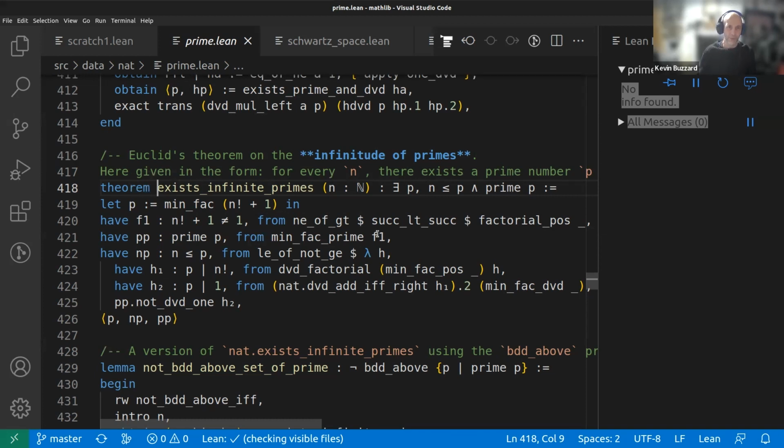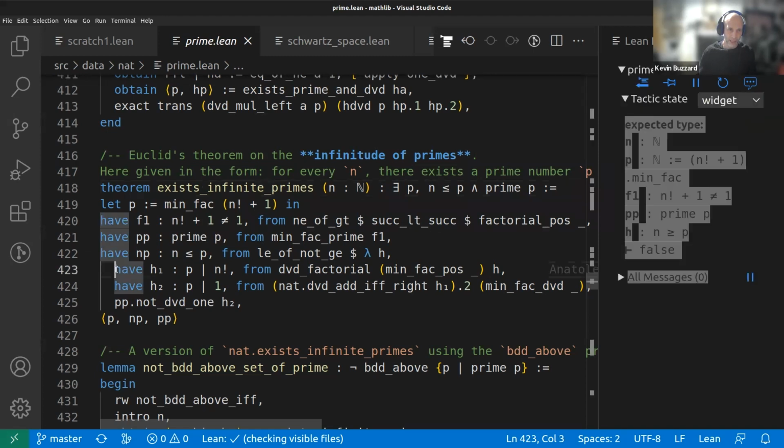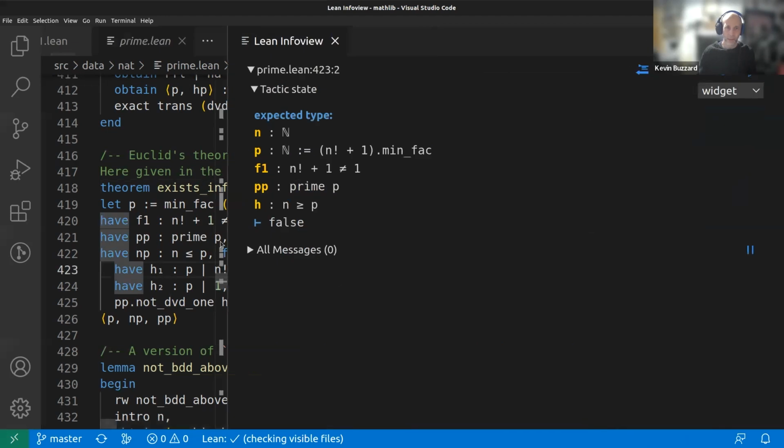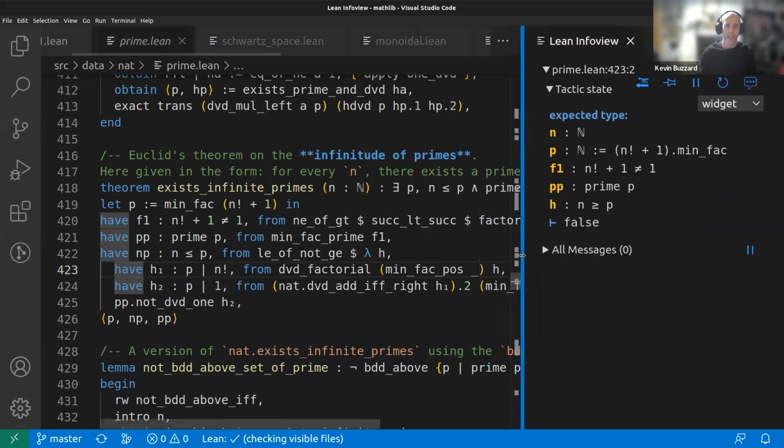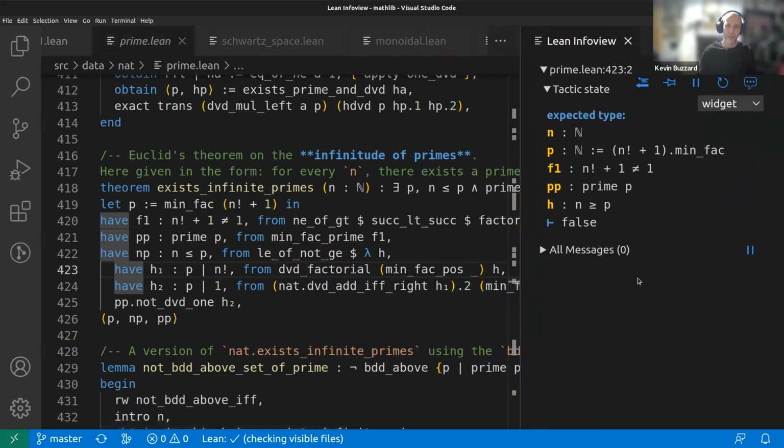So here's the proof that it's prime, and here's the proof that it's at least n, and the proof is by contradiction. You can see what's going on if I click here, yeah, there we go. If I click here, we can see on the right the current state of Lean's brain. We're trying to prove that if n is at least p, then we have a contradiction. p is defined to be the smallest prime factor of n factorial plus 1.